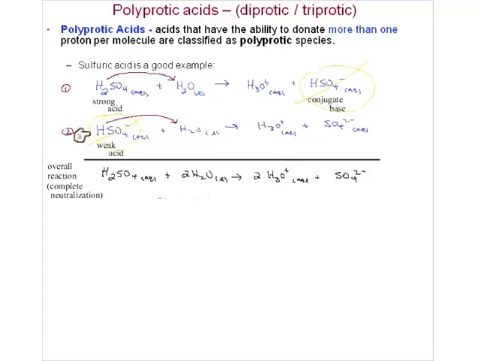So for a complete neutralization, if we add sodium hydroxide so we completely neutralize the sulfuric acid, it's going to happen in a two-step reaction. So just like your reaction mechanism, it's a two-step reaction. And overall, this is acting as an intermediate in the process of getting from H2SO4 to SO4 2 minus.